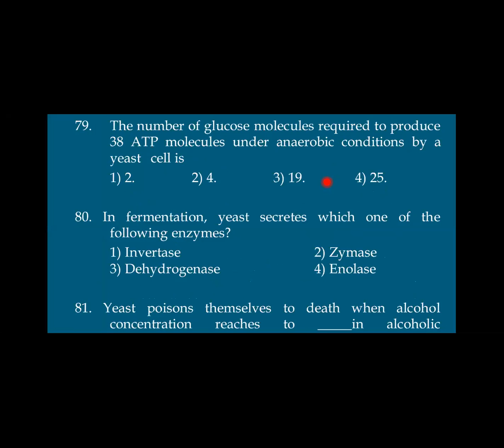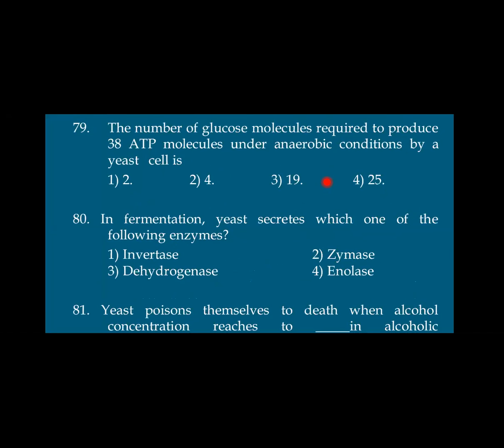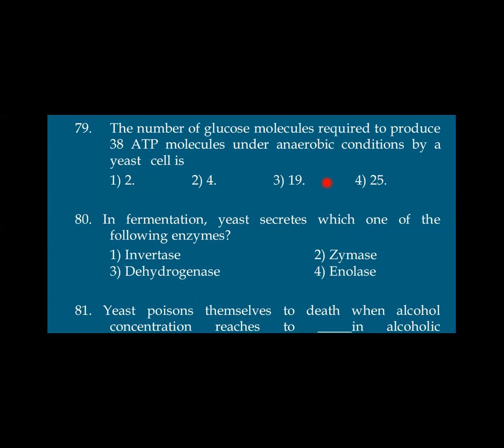Question number 79, let us see the number of glucose molecules required to produce 38 ATP molecules under anaerobic condition by a yeast cell. So here you have to understand how many glucose molecules are required to produce 38 ATP molecules.